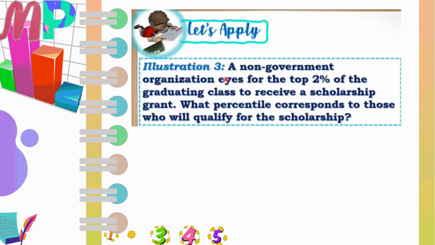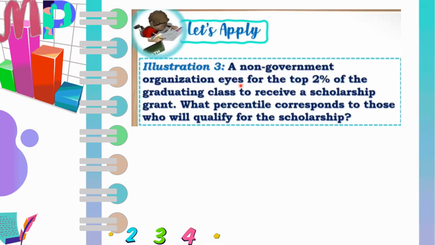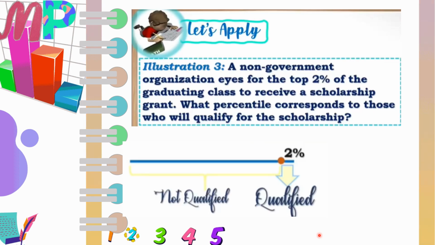Next, illustration number 3. A non-government organization eyes the top 2% of the graduating class to receive a scholarship grant. What percentile corresponds to those who will qualify for the scholarship? So let us look at this point.